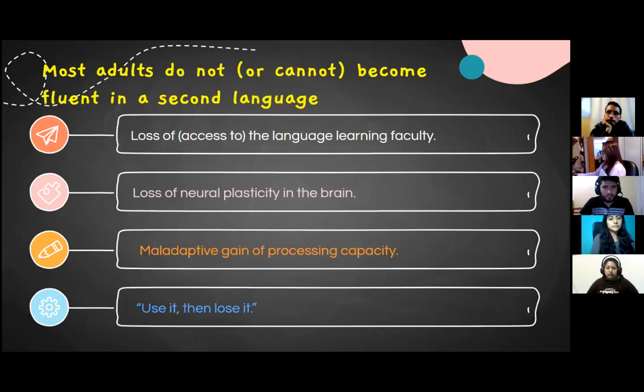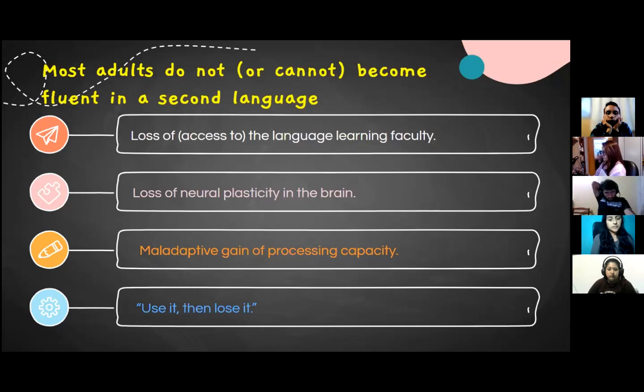Also, Bley-Vroman in 1990 mentioned some characteristics of why adults cannot become fluent in a second language. First, loss of access to the language learning faculty. Successful language learning cannot take place after puberty because there is a loss of UG, universal grammar, and possibly a loss of innate learning strategies.